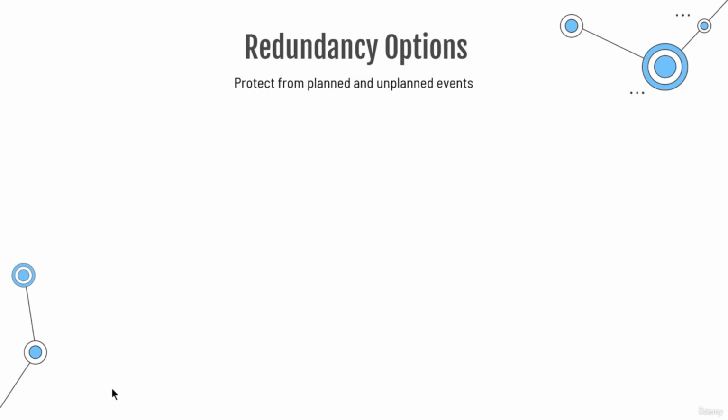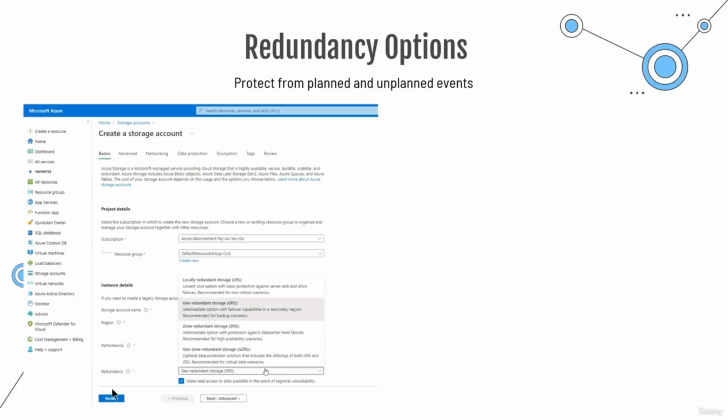And they protect against planned events, like for example, some kind of updates, and also unplanned events, like some kind of disasters or failures. If we create our account, we see that in the account, we can select the redundancy. We have different options available there, and it is very important to understand these redundancy options.